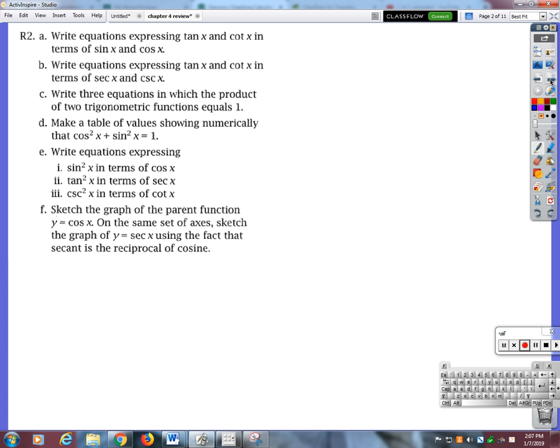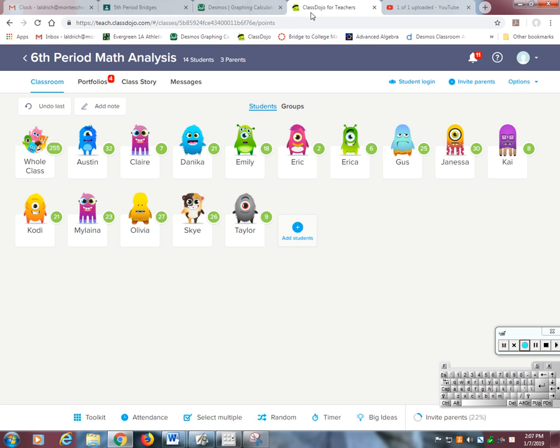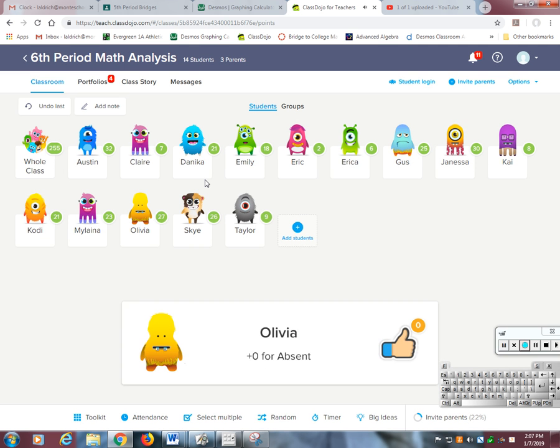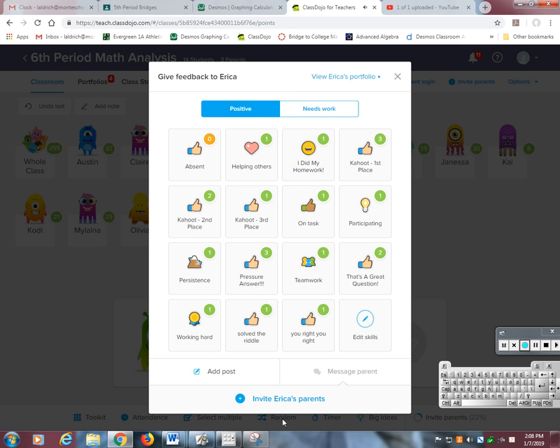All right, so next one. Write equations expressing tangent of x and cotangent of x in terms of sine and cosine. Easy peasy, thanks to Elena. The answer is on the wall in front of you. Oh, Erica is here.